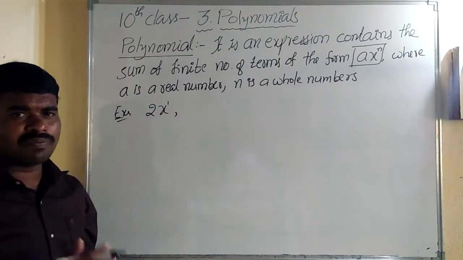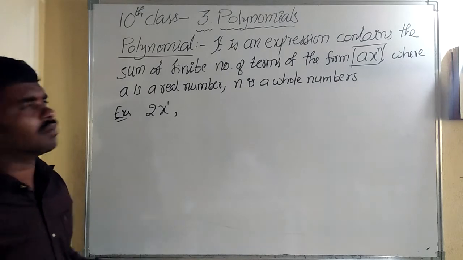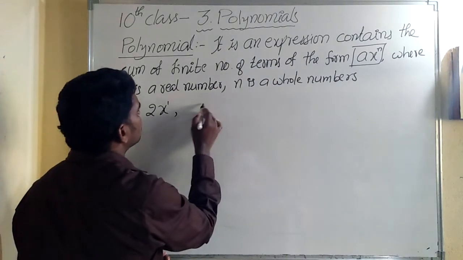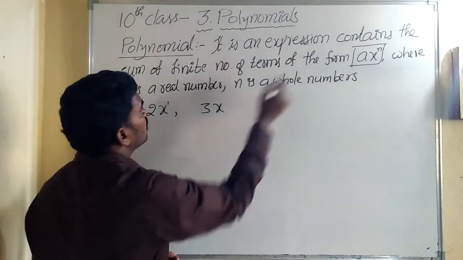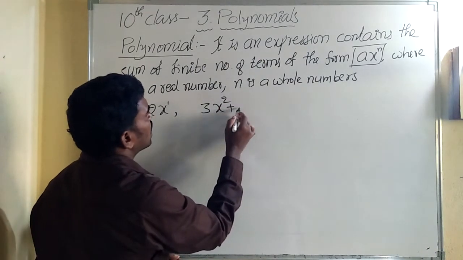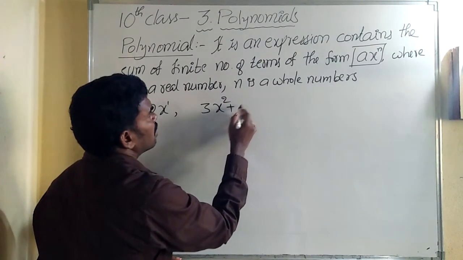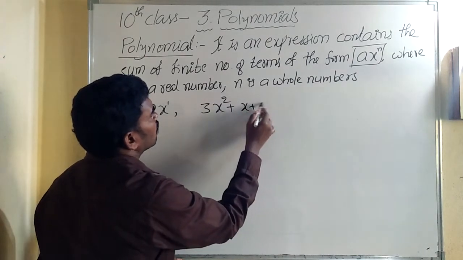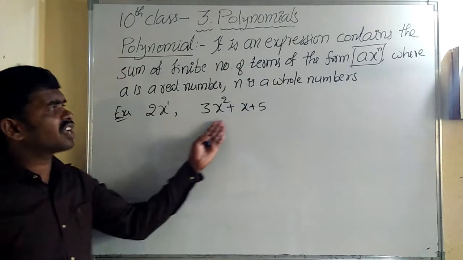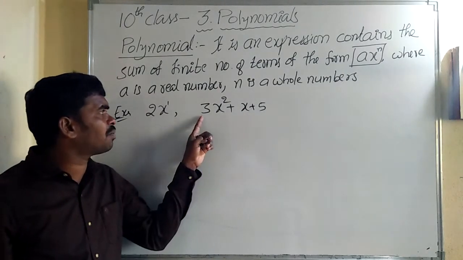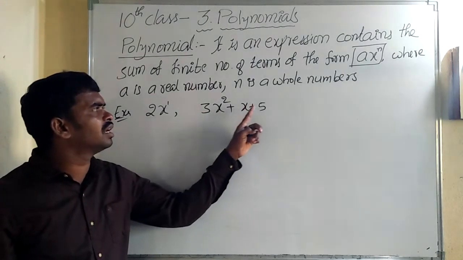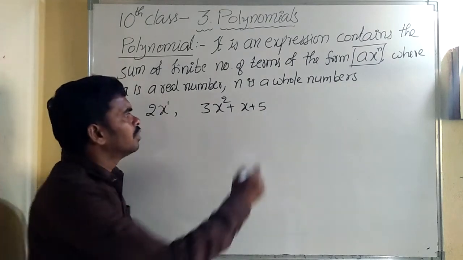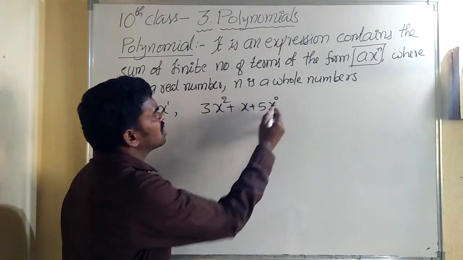Or suppose I am taking 2 or 3 terms. Taking a as 3 and x power 2, plus a as 1 and x power 1, plus 5. So this is also a polynomial. See, this is also in the form of ax power n, because x power 0 is there, a whole number.